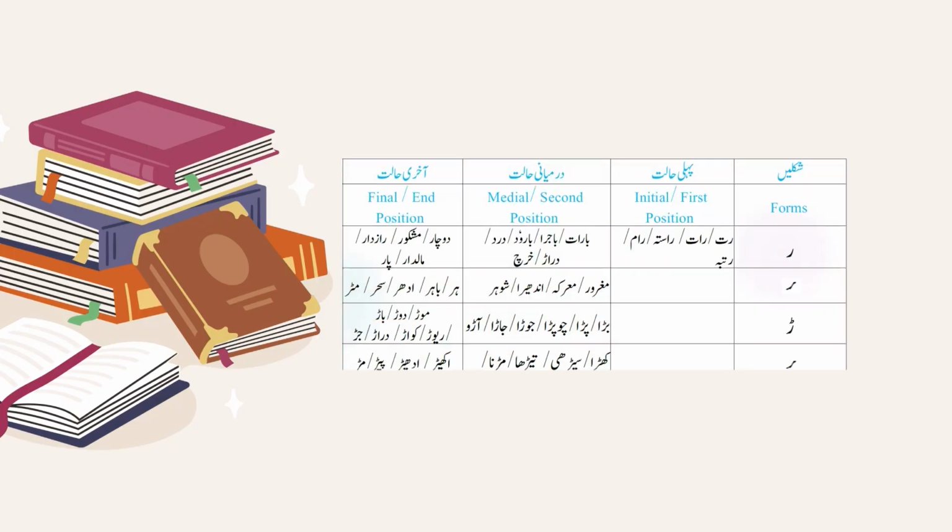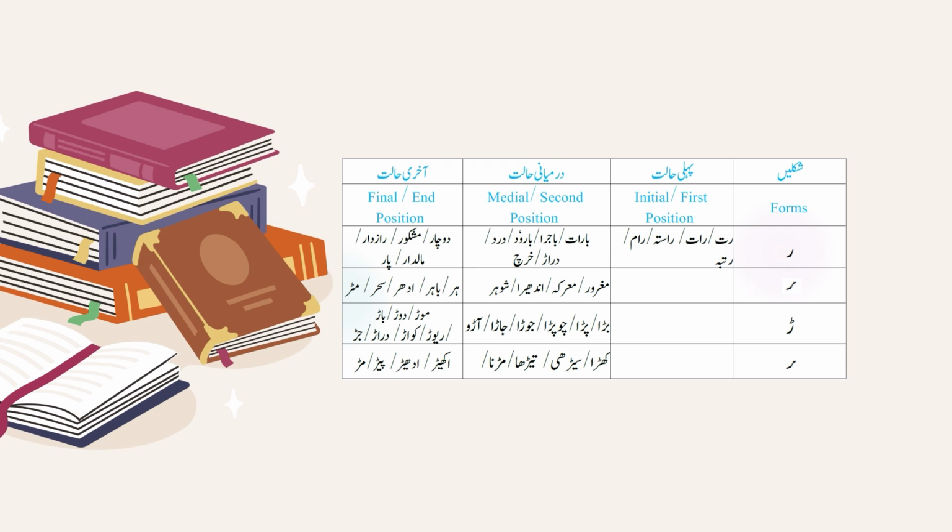Here we have four columns, and it is the same practice and process which we did in earlier classes. The first column is their forms, the second column their initial position, the third column their medial position, and the fourth column their final position.